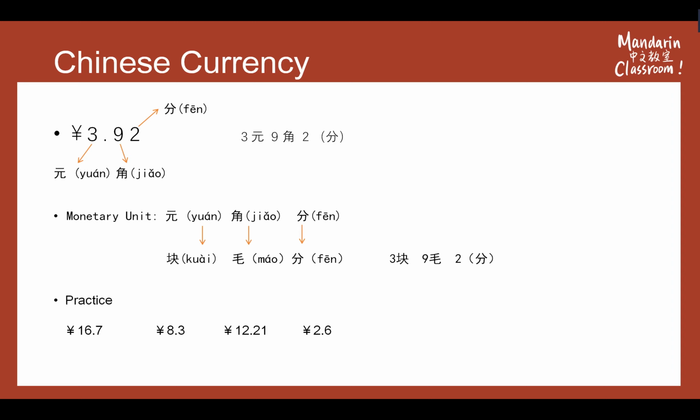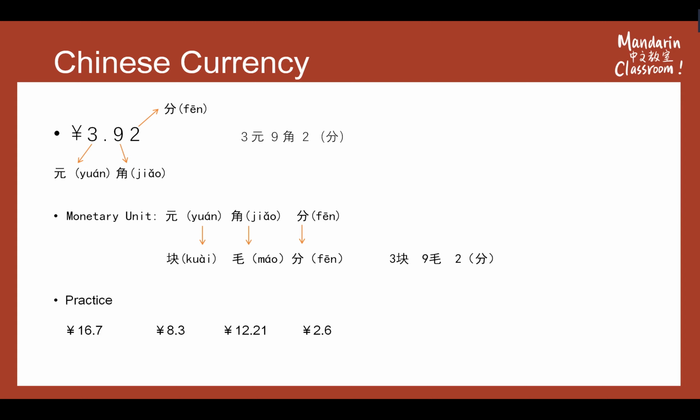But for the first price we say 3.9毛2, because I avoid saying the last unit, so that 2 has no measure word or unit, so I just pronounce 2.